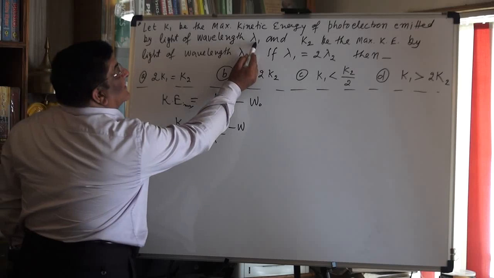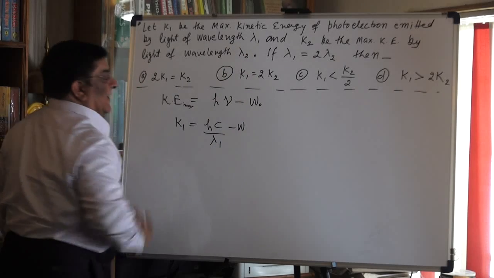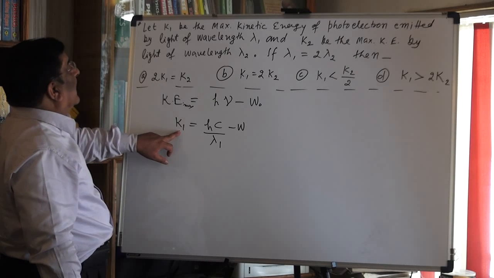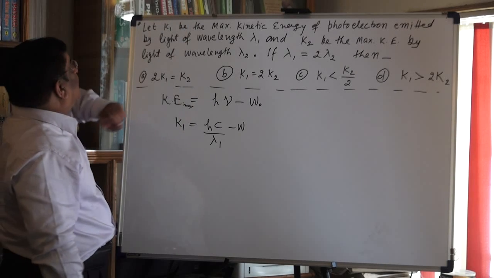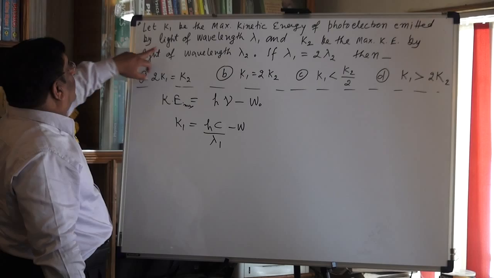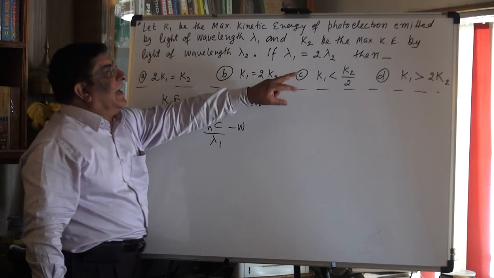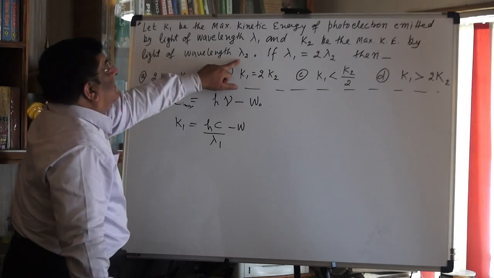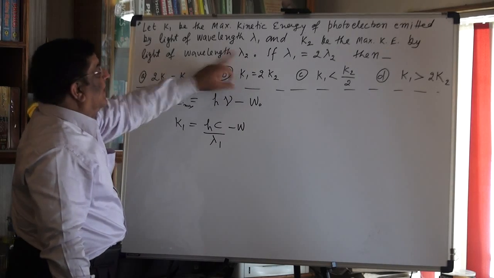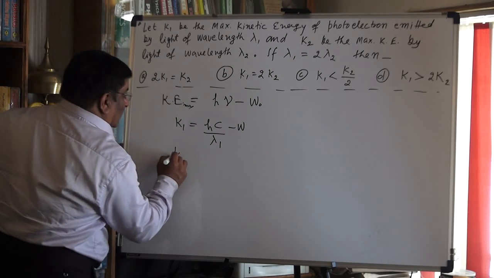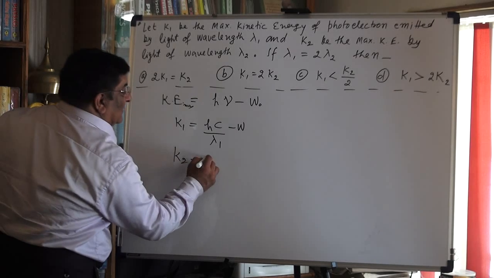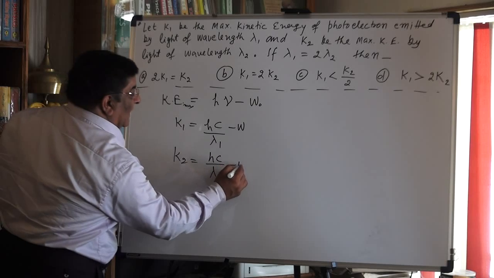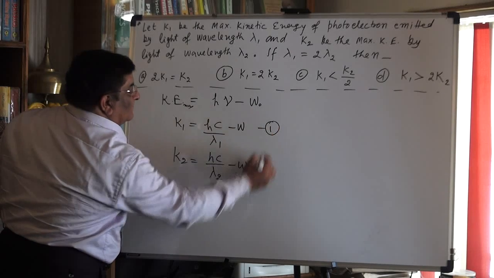For K1 the wavelength is lambda 1, so K1 equals hc upon lambda 1 minus W. This is the kinetic energy in the first case. Now for the second light, K2 is the maximum kinetic energy when the wavelength of the photon is lambda 2, so again K2 equals hc upon lambda 2 minus W.